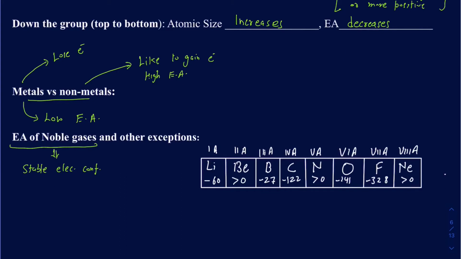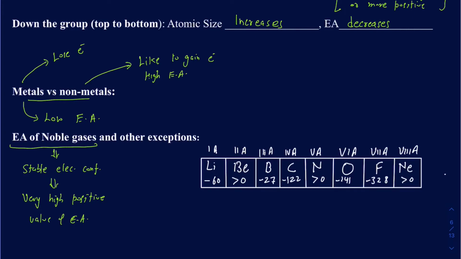So noble gases usually have very high positive values for electron affinities. Sometimes even higher than the metals.